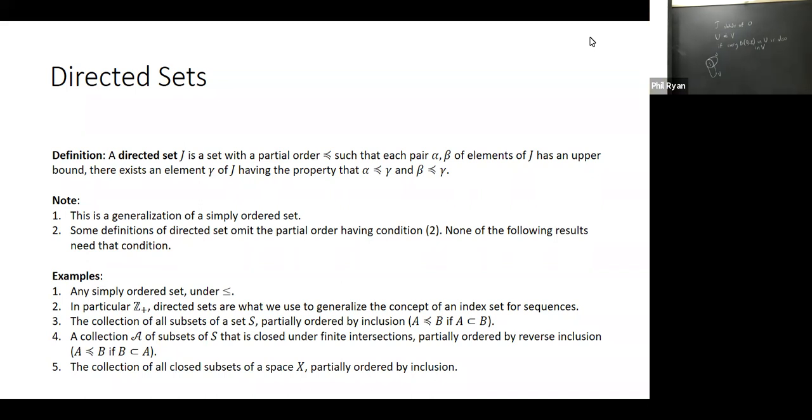So what was your question, Will, before? Right, like any partial order would have that property, that it would have an upper bound?